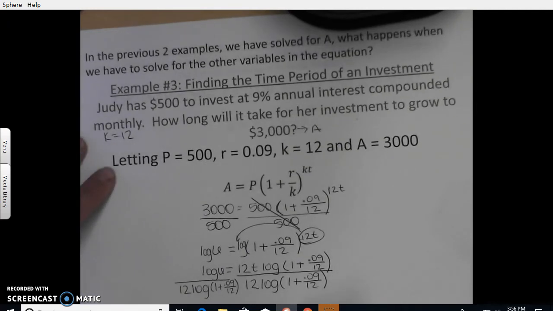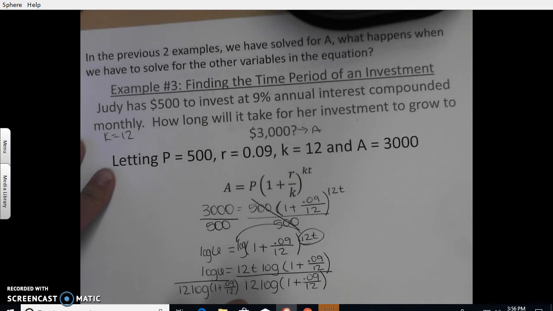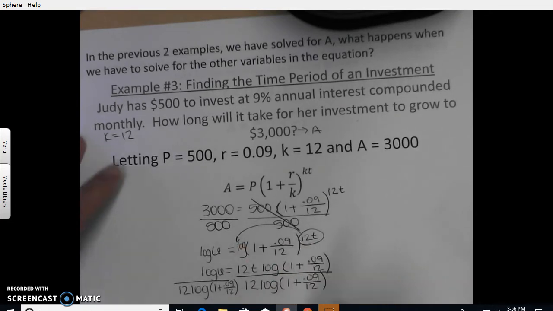0.09 over 12 is 0.0075 plus 1, which means we have the log of 6 over 12 log of 1.0075 is equal to t. So I'm going to put that into my calculator. Log of 6 divided by 12 log of 1.0075.